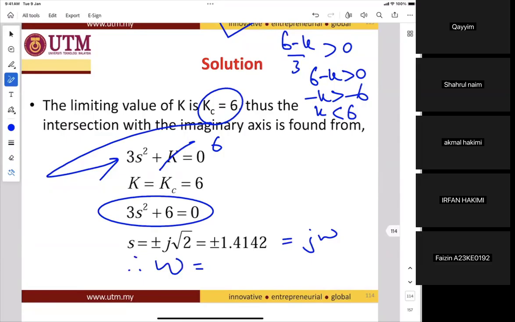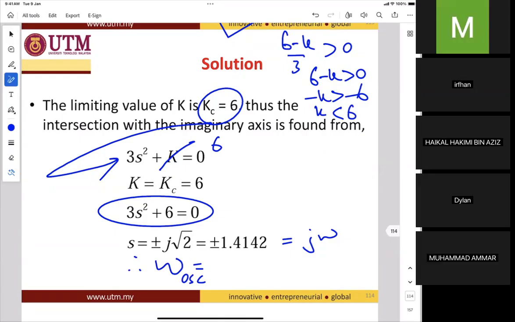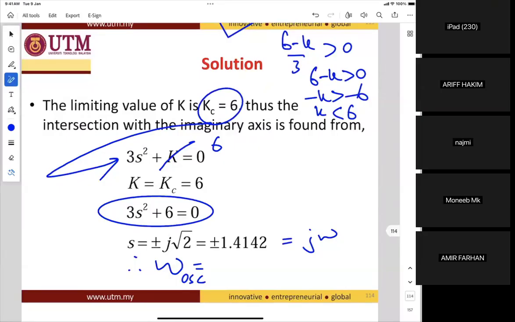And what is the frequency value? Oscillation frequency. Muhammad Ammar. Yes, Doctor.